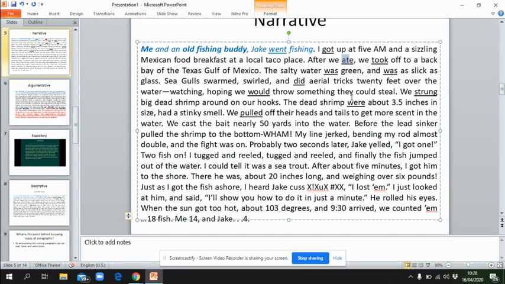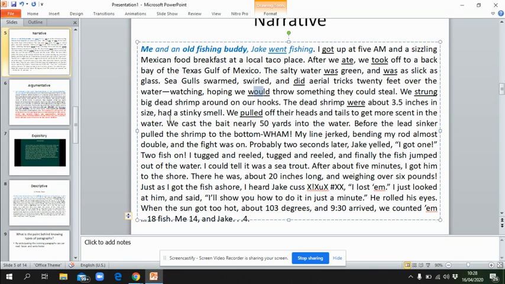Most of the verbs, or even all of the verbs used in these paragraphs, are in the past form, the second form of verbs. So whenever you sense a story inside a paragraph, it must be a narrative paragraph.